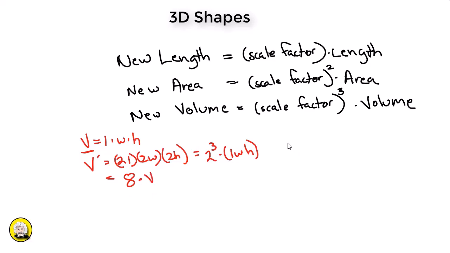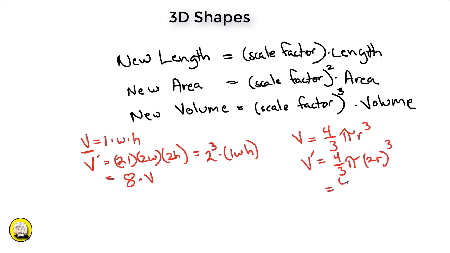How about for a sphere? Well, we just learned the volume of my sphere is 4/3 pi r cubed. So in this case, I will again double my unit of length, the radius in this case. So my new volume will be 4/3 pi times 2r, my new radius, cubed.